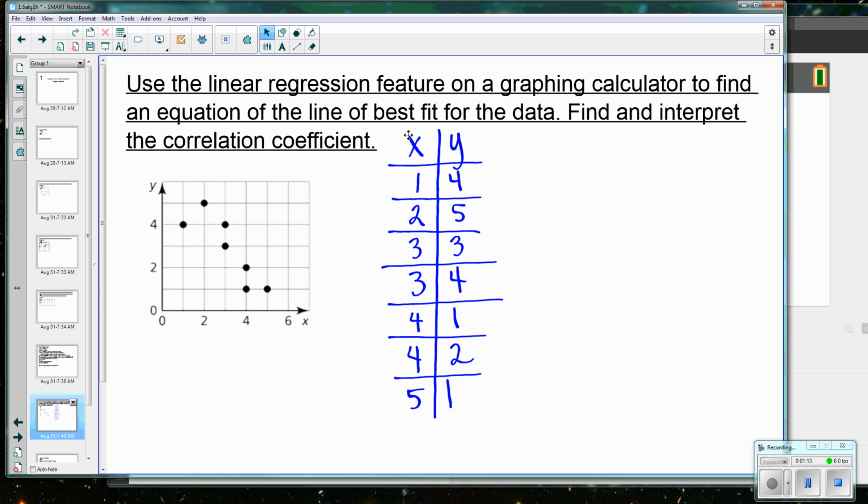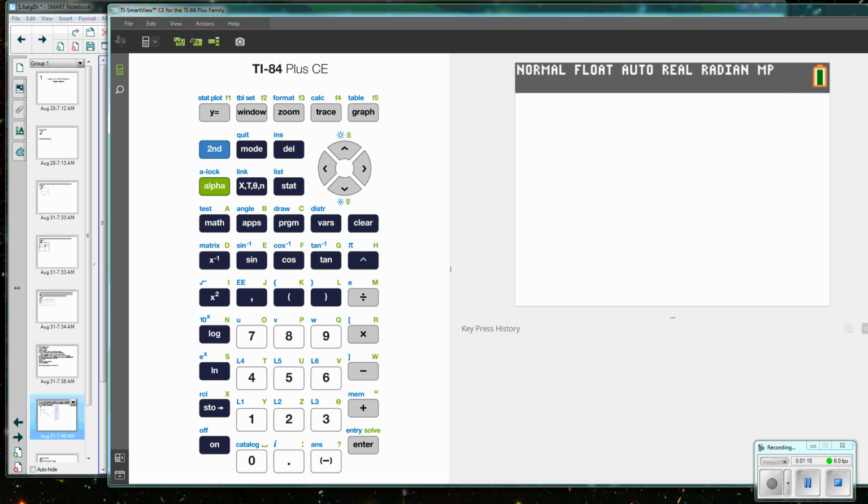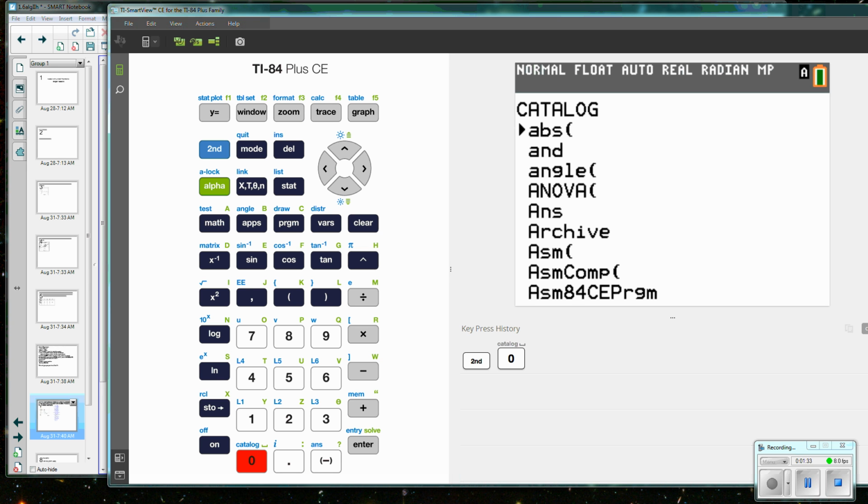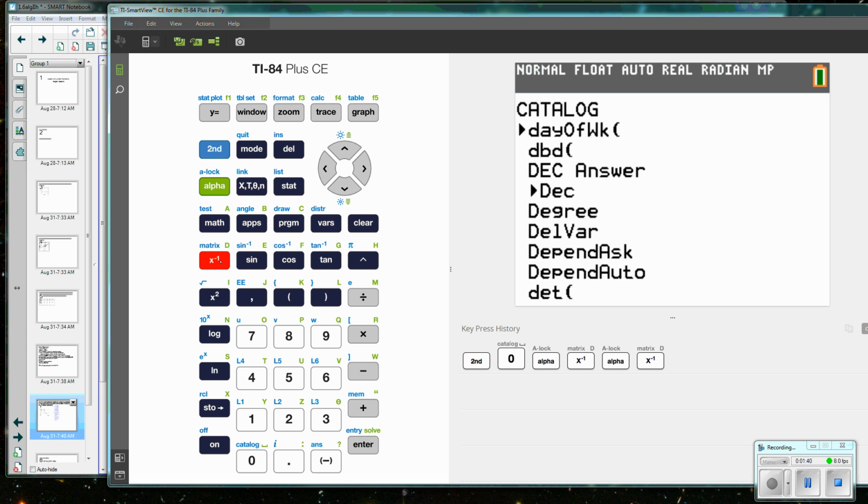So now we're going to go over to the graphing calculator, and there's a few things that we need to do to set up the graphing calculator to use the linear regression feature and to be able to interpret the correlation coefficient. So the first thing we're going to do is turn on our diagnostics. To do that, we're going to hit second, 0, and then we can hit alpha, D. We can hit that twice and it brings us down to our D's.